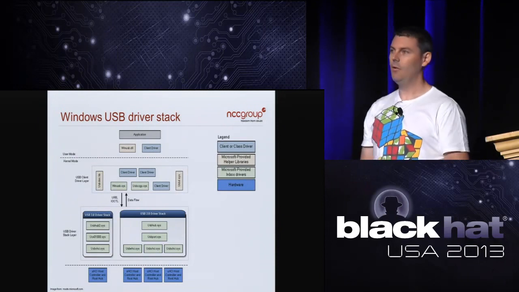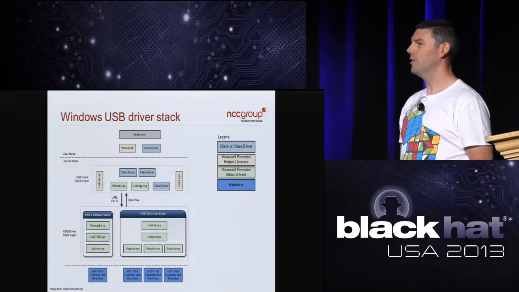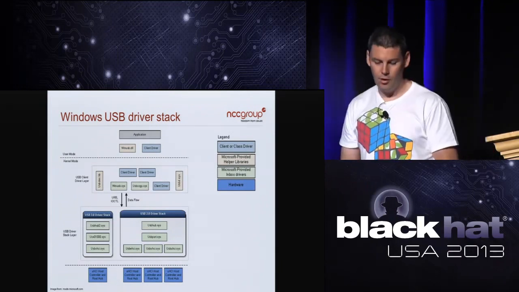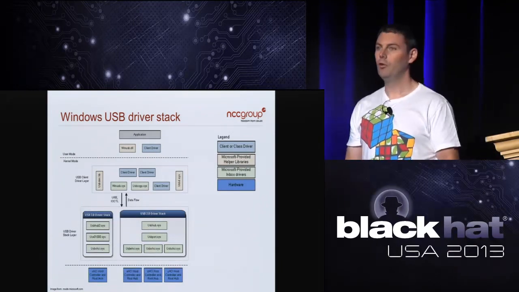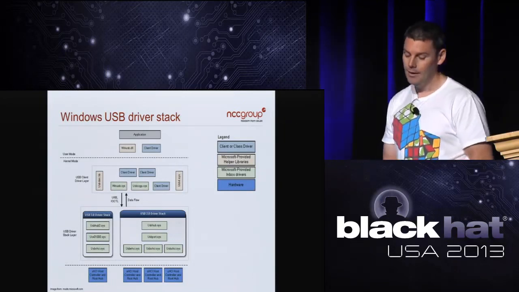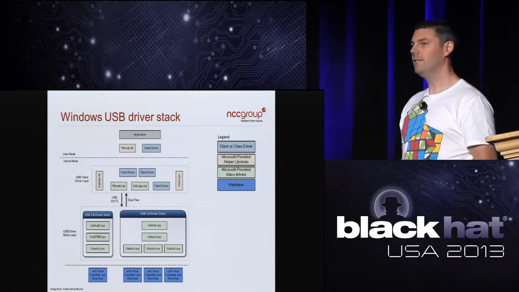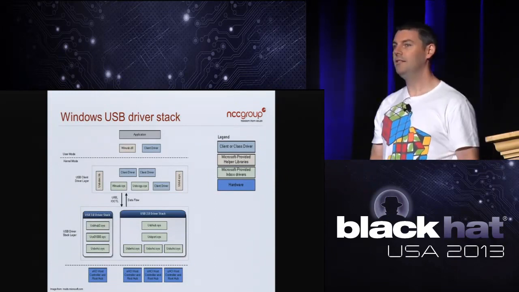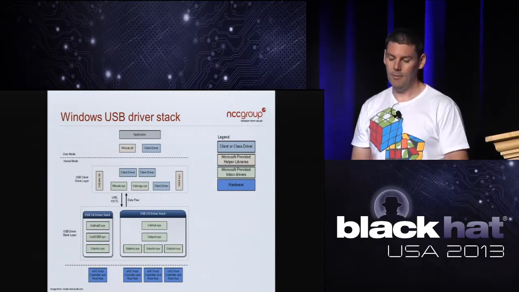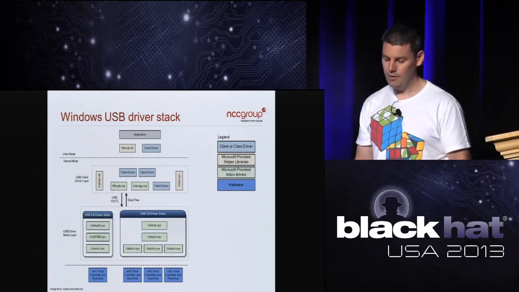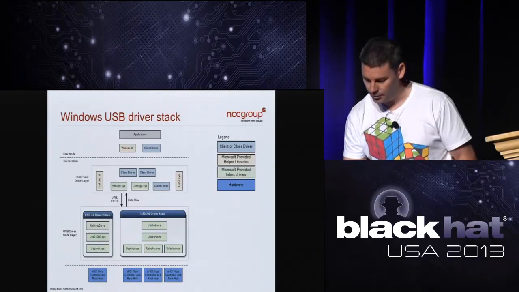And therefore, any vulnerabilities that are triggered within USB, like the one that I'll be describing later on in the talk, are in kernel mode and therefore provide the possibility for privilege escalation. More and more operating system designers are trying to get components out of the kernel into user land. So within Windows, more recently, in Windows 8, more of the driver components have been moved into user mode.